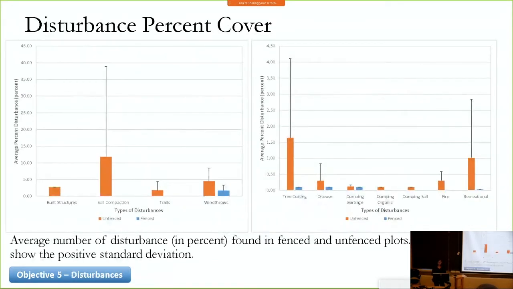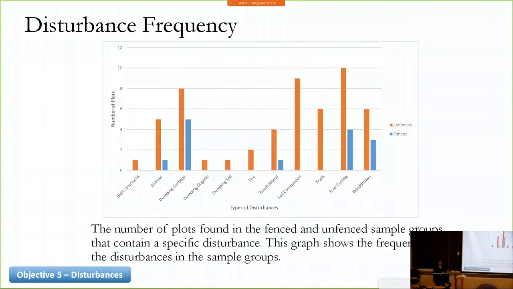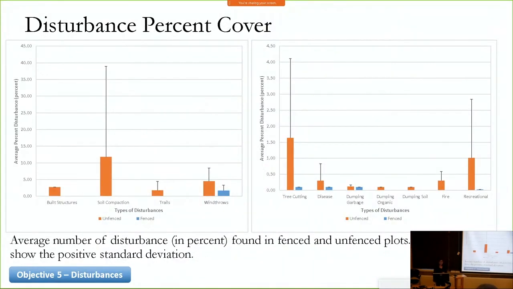So for my last objective, I decided to look at the disturbances between the fenced and unfenced plots. These are some of the disturbance types. When you're looking at it, you can clearly see that the unfenced plots have a greater number and greater percentage of disturbances than the fenced plots.